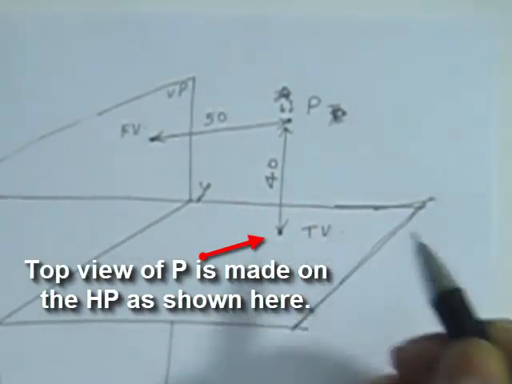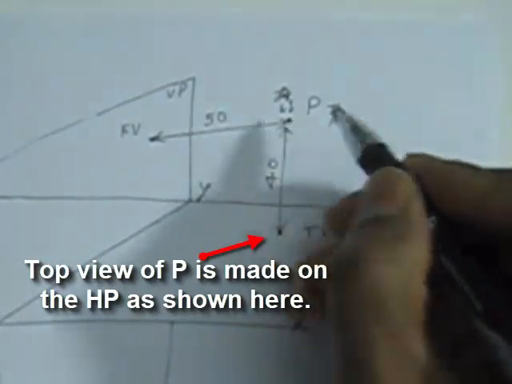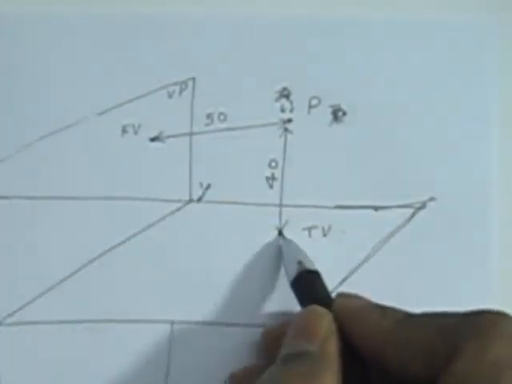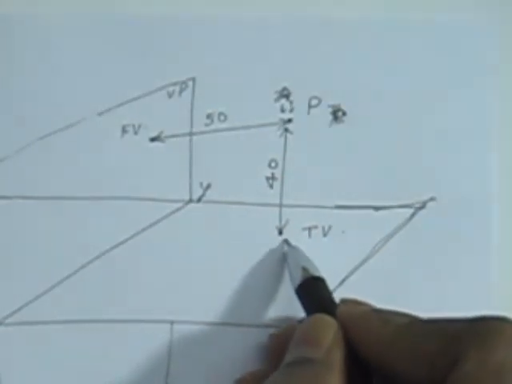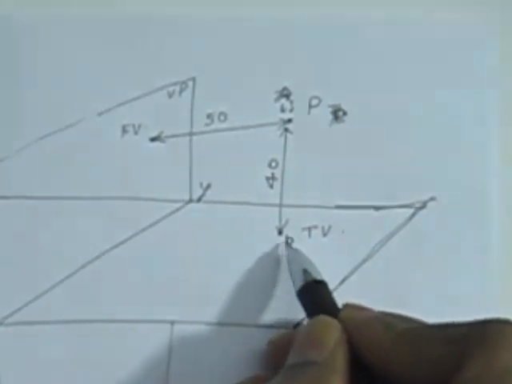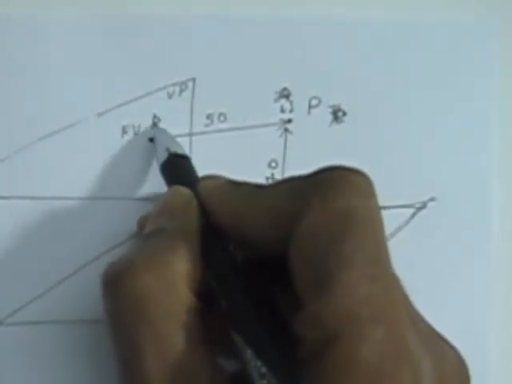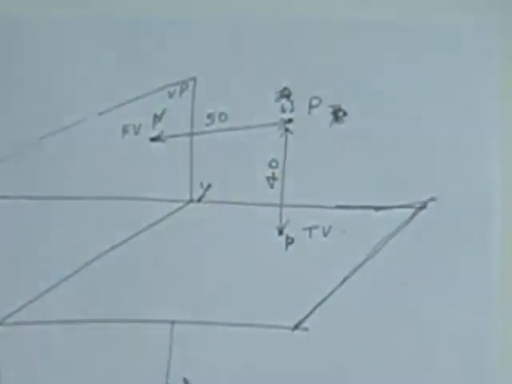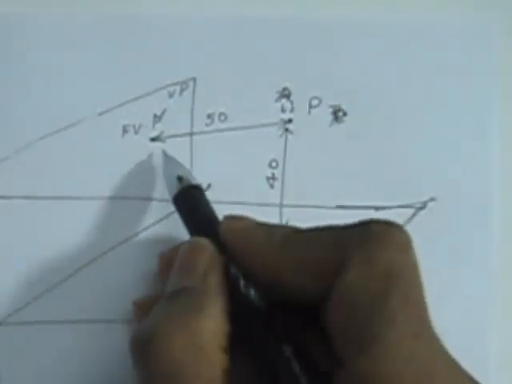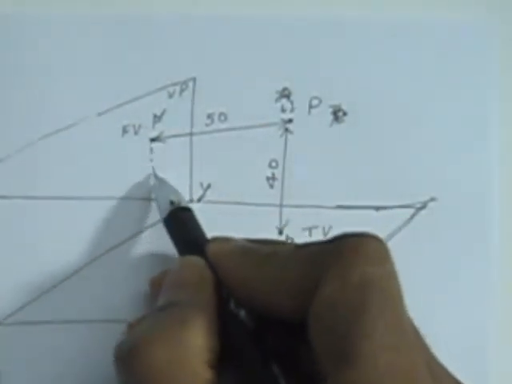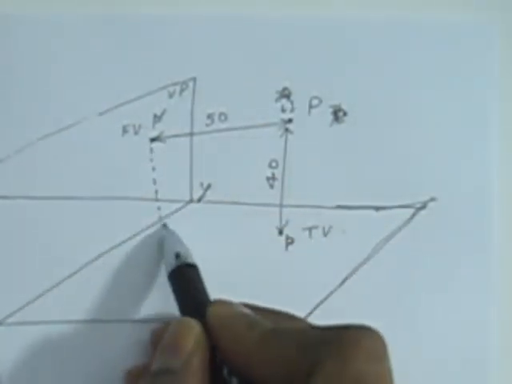So the top view will be projected on the HP. So the top view is represented as P and the front view is represented as P prime.